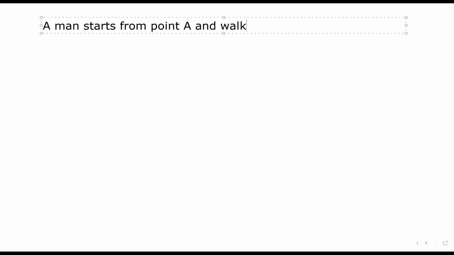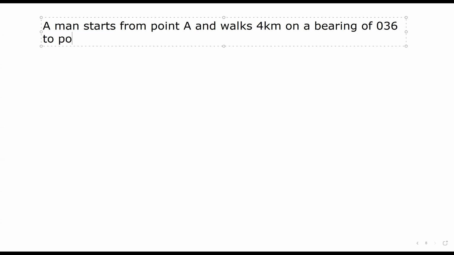Right. Let's say a man starts from point A and walks 4 kilometers on a bearing of 036. Can't write the degree sign here, so just put it as that, right?